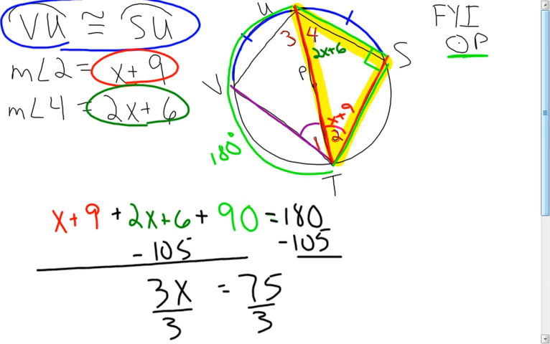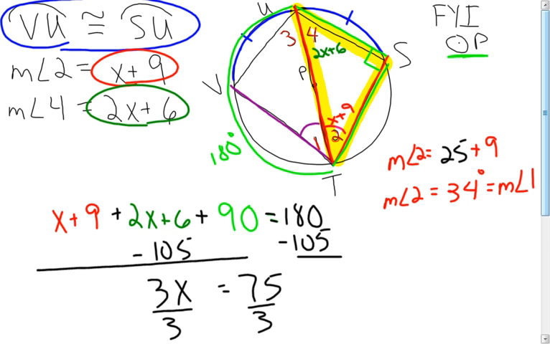Coming back up here, I can start plugging that in. I'll start with the measure of angle 2. That's the 25 that I just got from my x value, add on the 9, and I find that the measure of angle 2 is equal to 34 degrees. Now remember, we said angle 1 was congruent to it, so it has an equal measure. I now have the measure of angle 1 and angle 2.